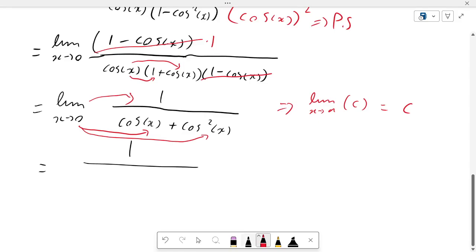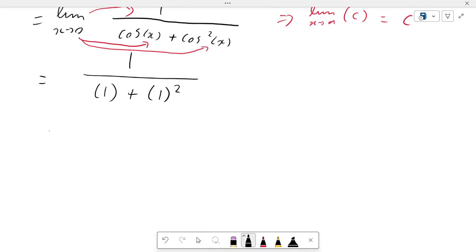We know that cos of x is equal to 1, plus, and if you take the limit into the cos square x, remember that's going to be 1 squared. Therefore the answer is 1 over 1 plus 1 squared, which is 1 over 1 plus 1, which is equal to 1 over 2. And that is our final answer for the limit.